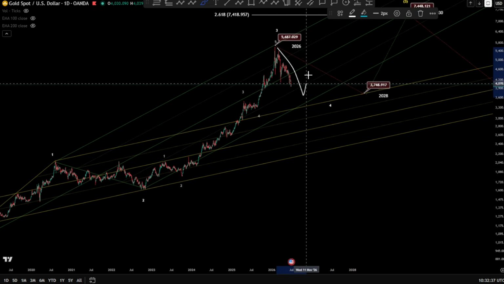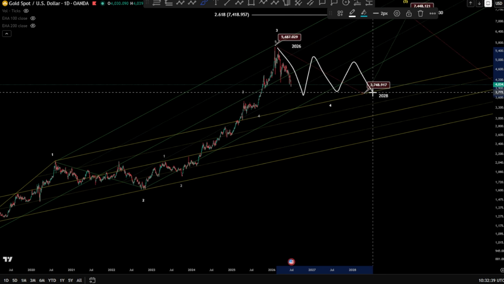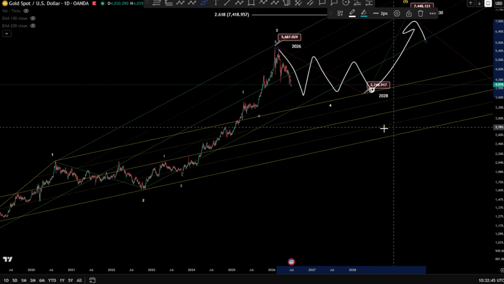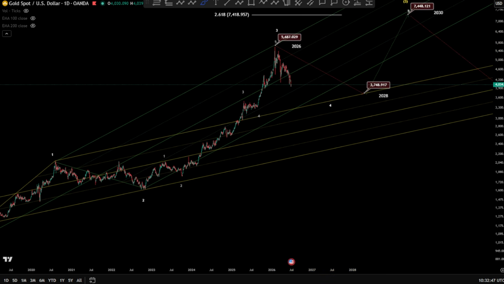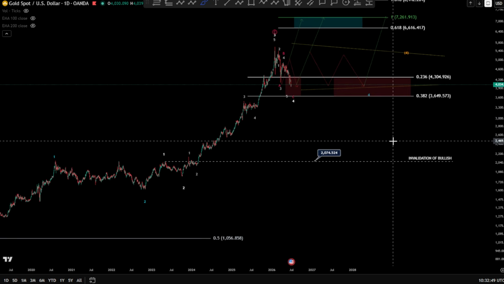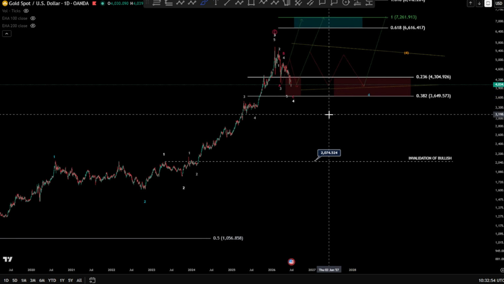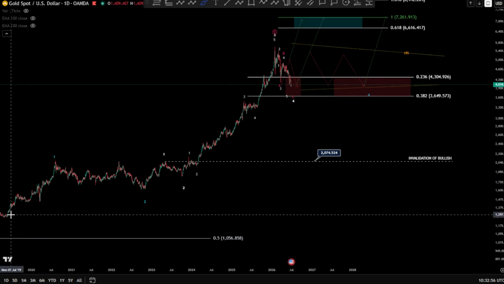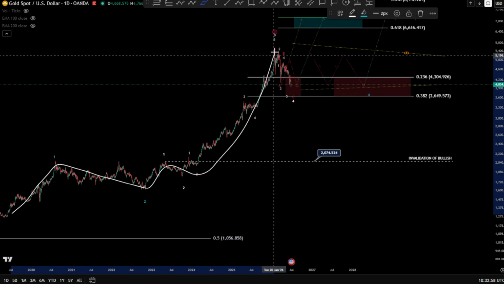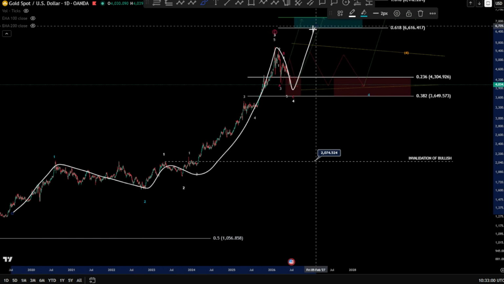Don't forget there is also a probability for a triangle, where the triangle wave E can hit this base channel later on before we push higher in a wave 5. That means the wave 4 still has a potential scenario with double scenarios, since we are looking at a large 1 2 1 2, potentially 1 2 3 4 and a 5.